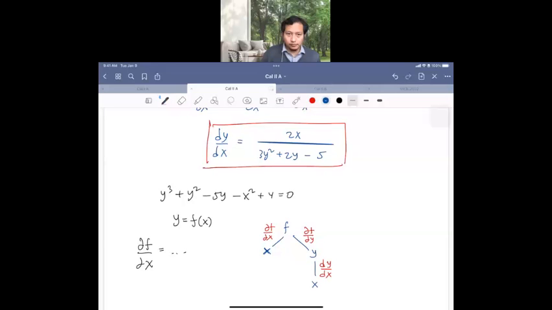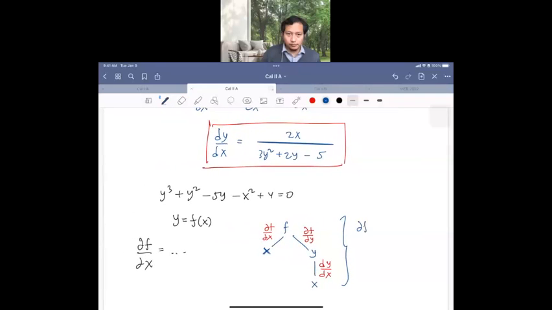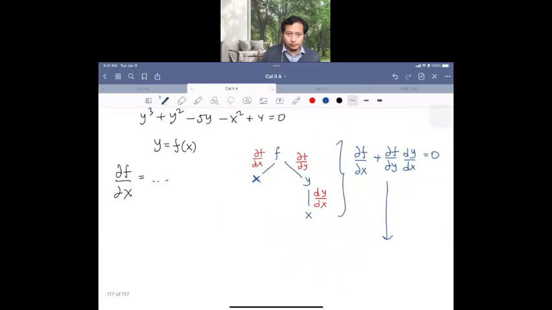So from our tree diagram here, we will have dou f dou x plus dou f dou y times dy dx, right? This will be equal to 0, and we can set up the general formulation.